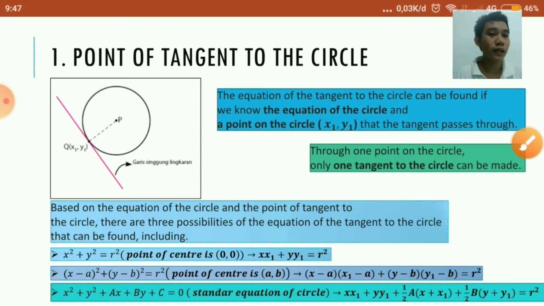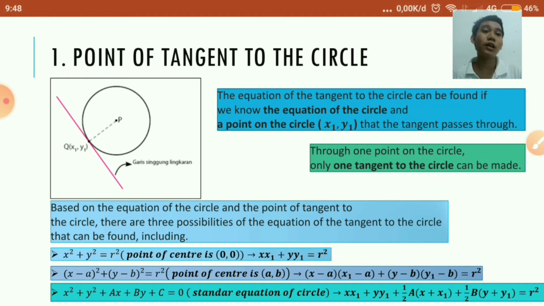And third, if we know the equation of the circle is x squared plus y squared plus a times x plus b times y plus c equals 0, this is the standard equation of circles.